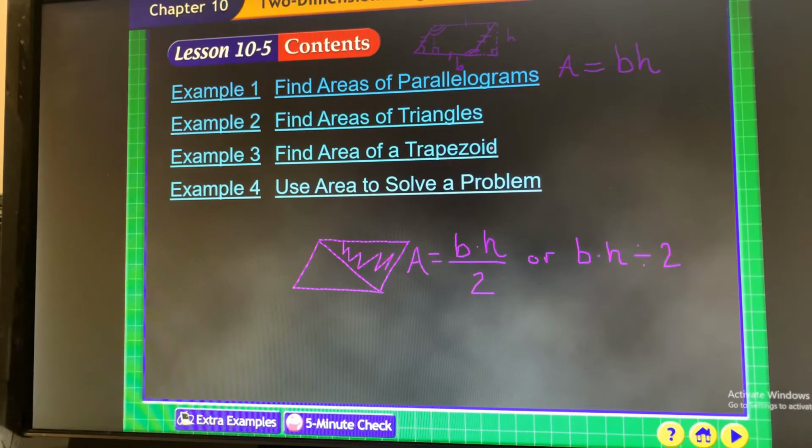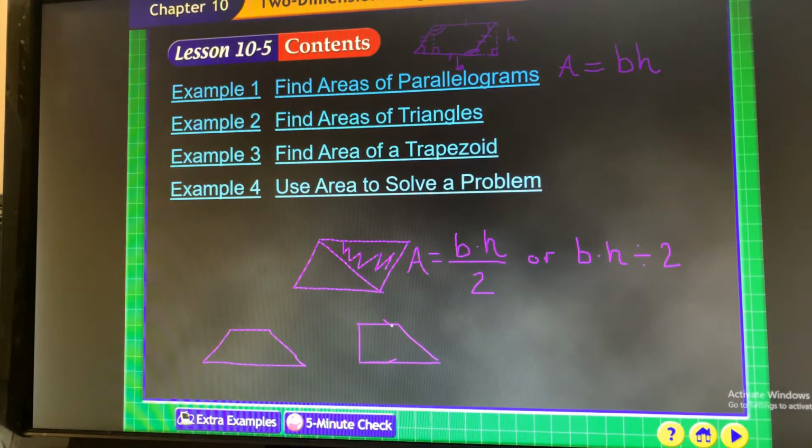Your trapezoid, remember your trapezoid can take different forms too. It can look like this, bad one, or it could look like this. Because the only thing that trapezoid has to have is one pair of parallel sides. Remember how we make parallel sides with the arrows? Only one pair of parallel sides.